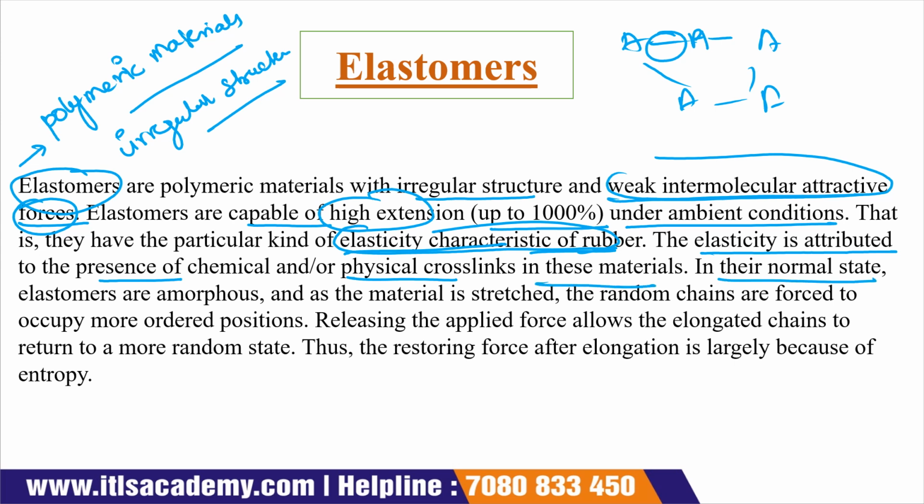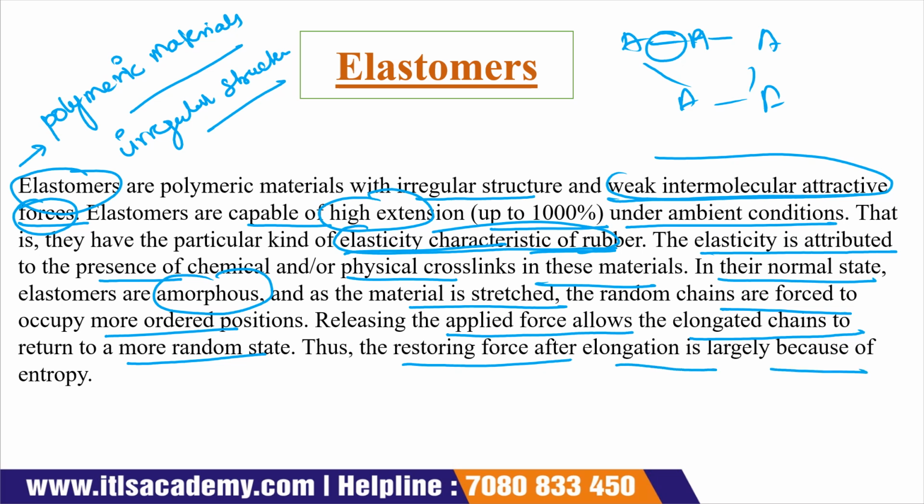In their normal state, elastomers are amorphous, and as the material is stretched, the random chains are forced to occupy more ordered positions. Releasing the applied force allows the elongated chains to return to a more random state. Thus, the restoring force after elongation is largely because of the entropy present in it. So this is the basic of elastomers.